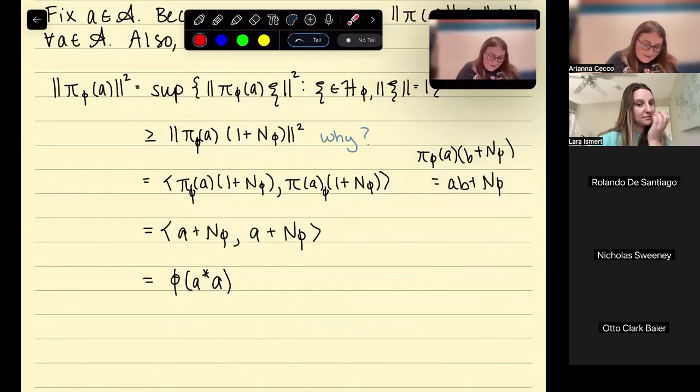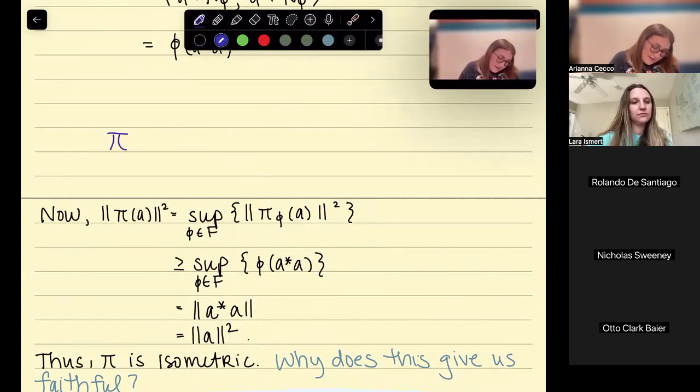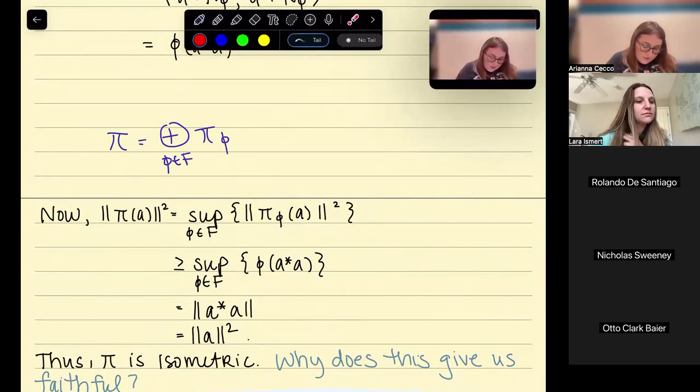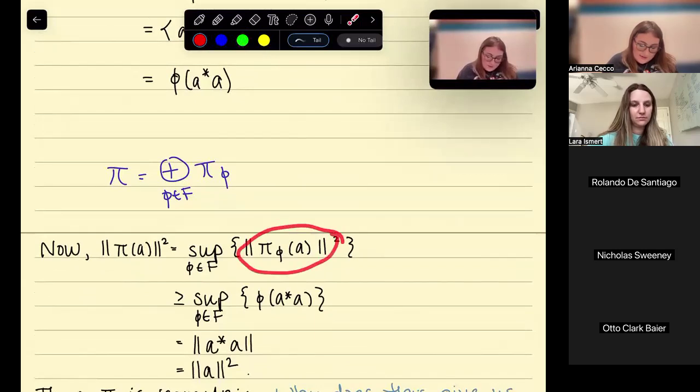All right, now the norm of the representation. Remember, we defined pi to be the direct sum over phi in F of pi sub phi. So the norm of pi of A squared is equal to the sup over phi in F of all of these. But from this inequality above, we know that this quantity is greater than or equal to this quantity.